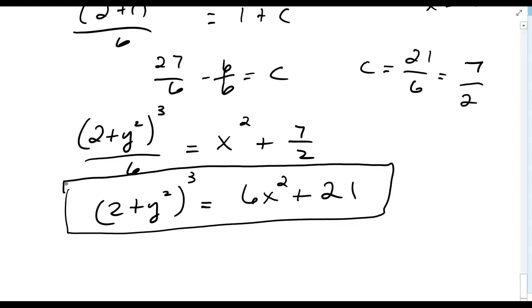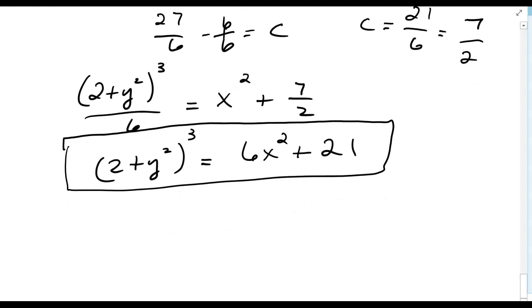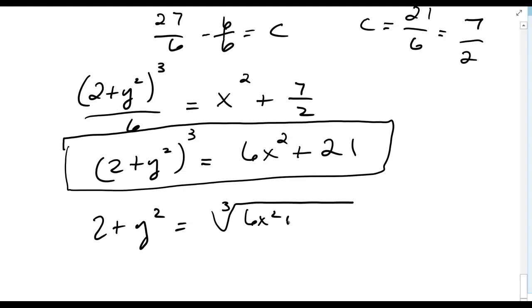This is going to get a little messy if we try to solve for y, because it becomes 2 plus y squared. I got to take the cubed root, right? You may be okay, even in MATLAB, just entering it in that form, right?